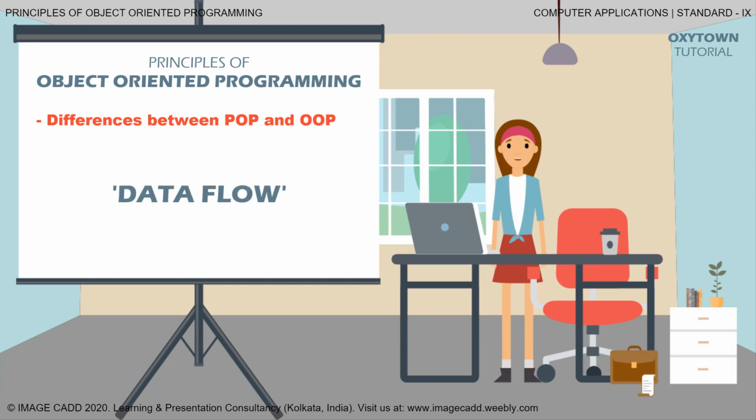Third, POP supports free flow of data within the program, whereas OOP restricts data flow and data to be used in specific program area. Fourth, examples of POP are BASIC, COBOL, Fortran, and C, whereas examples of OOP are C++, Java, Python, Smalltalk, Ruby and Eiffel.